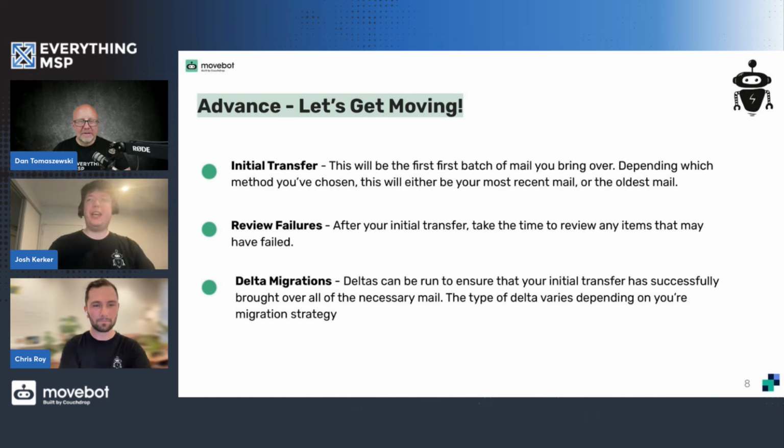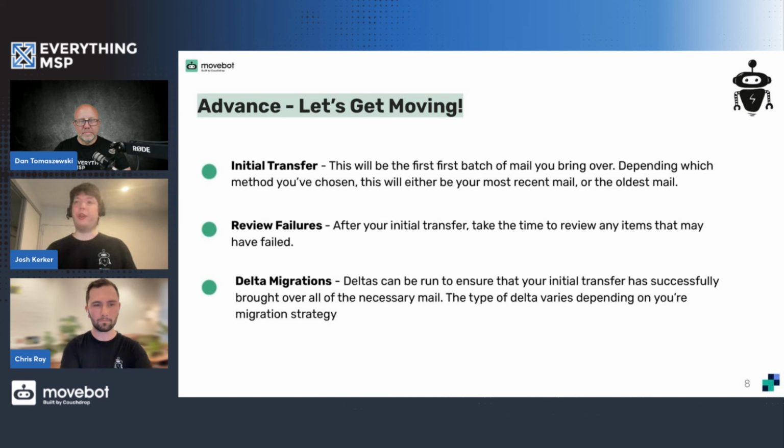All right, and then advanced. This is the next step, a little bit of a recap of what I just talked about. We will do the initial transfer. Depending on which method you've chosen, we'll either bring over all the historical data up to whatever date you selected, or we will bring over the recent mail.